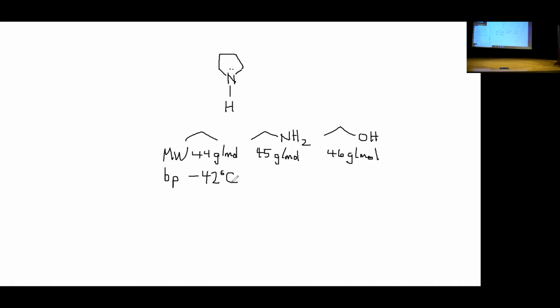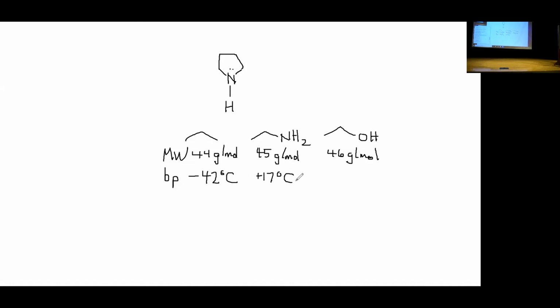You need to cool it all the way down to 42 degrees below 0 Celsius in order to get it to condense from a gas to a liquid. Meanwhile, ethylamine is quite a bit higher. Its boiling point is plus 17 degrees C. And again, I don't expect you to know that. I wouldn't expect you to be able to guess that. What that means, practically speaking, is at room temperature, this stuff would still be a gas.